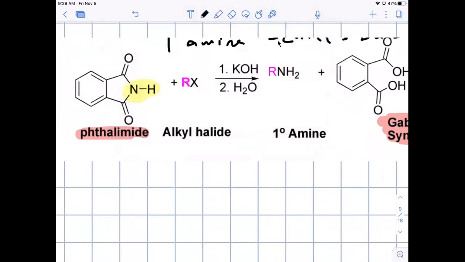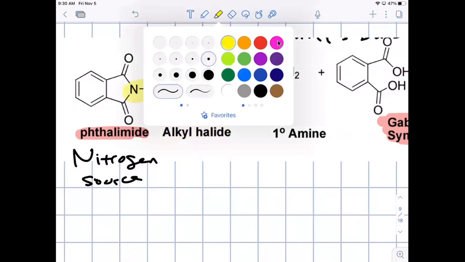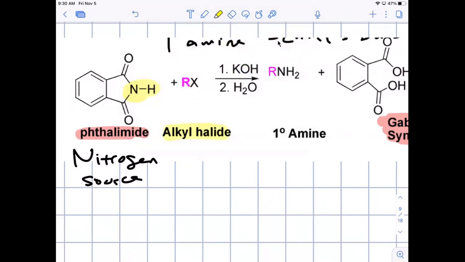This is my nitrogen source. And then you need an alpha halide. There's going to be a substitution reaction that happens, the SN2 type substitution. And we'll talk about that when we get to the mechanism.